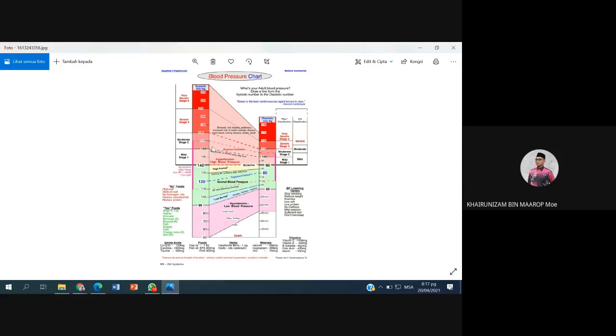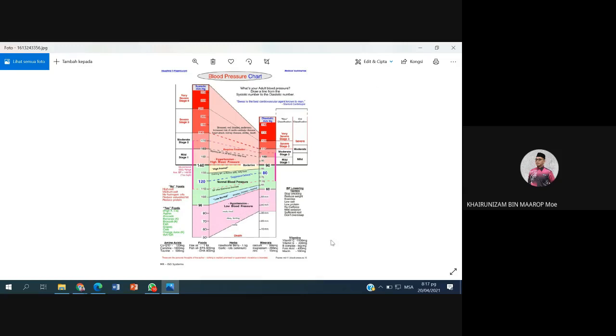If we look at the red color, this is hypertension, high blood pressure. It's more than 140 over 90, 140 for systolic and 90 for diastolic. And low blood pressure is less than 90 for systolic and less than 60 for diastolic.